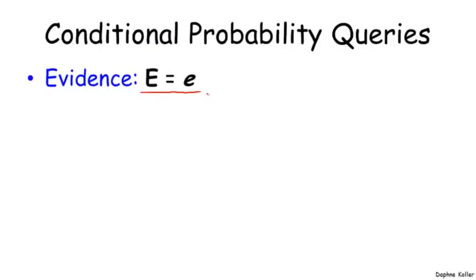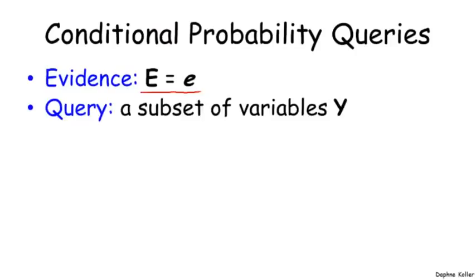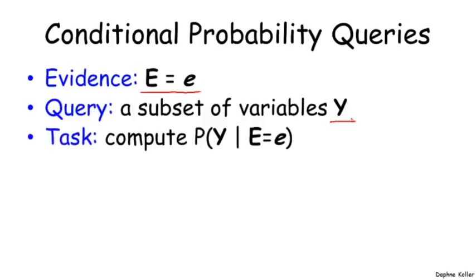We also have a particular query that we care about, which we are going to denote as a set of variables Y. So our goal here is to compute the conditional probability of the variables Y given the evidence E equals little e.